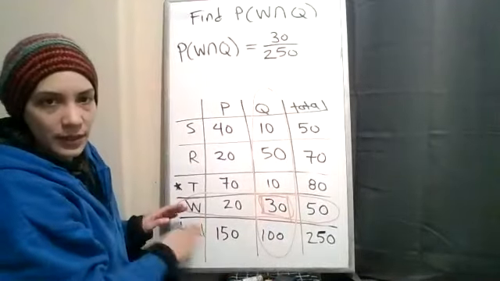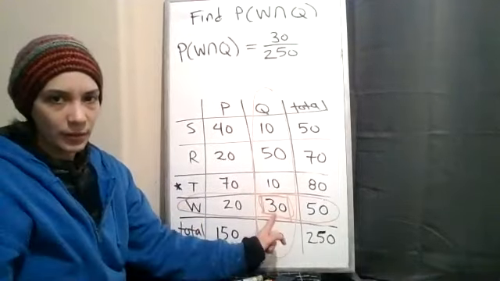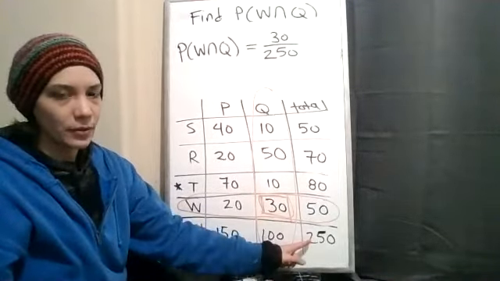So it's the place where you intersect W and Q and get that part where they overlap. Then divide by the total.